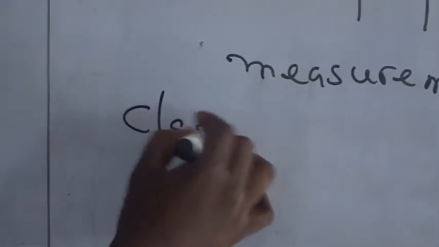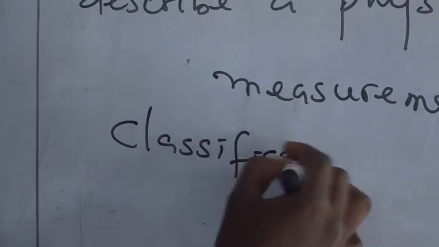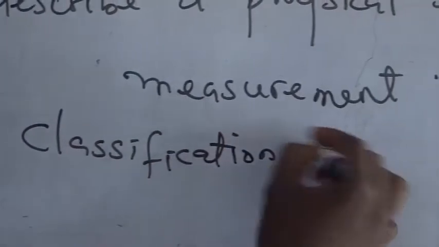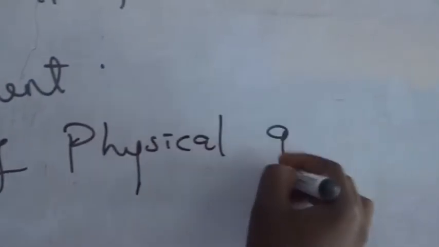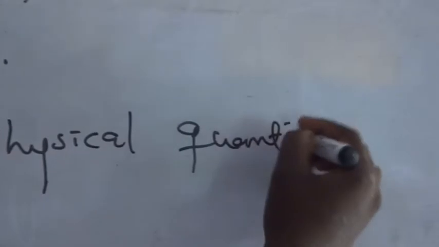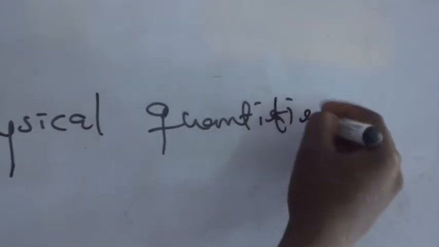Now we're going to be breaking it down to what? Classification of physical quantities. Physical quantities are classified into various types. We have what?